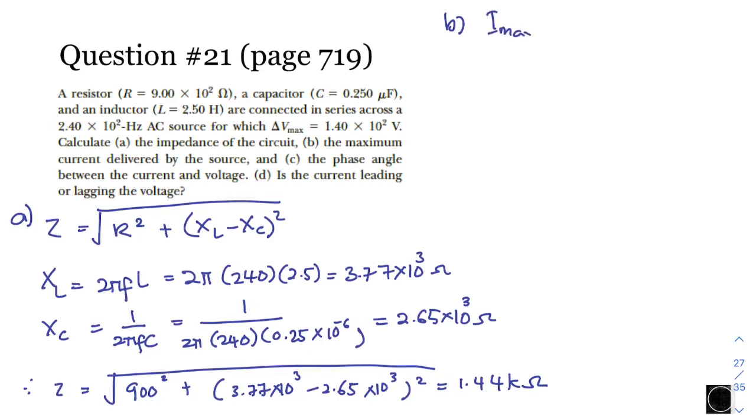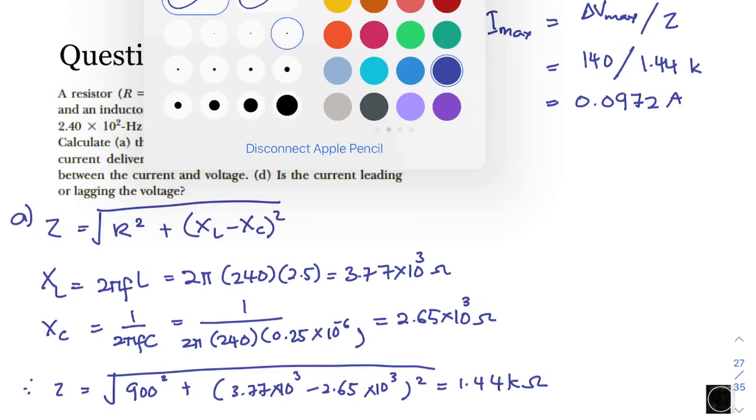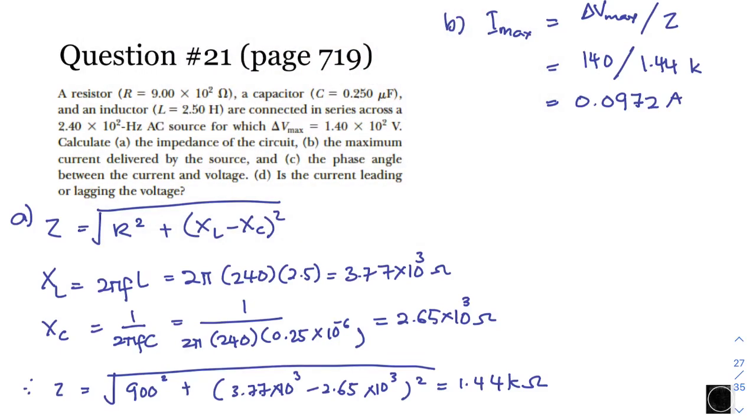I max is equivalent to delta V max over the impedance Z, which gives you 140 volt as given here, divided by our answer just now, 1.44 kilo ohm, which is equivalent to 0.0972 ampere.